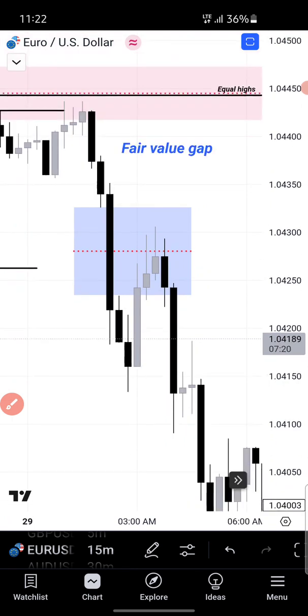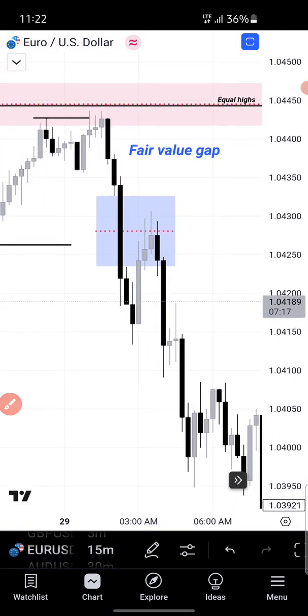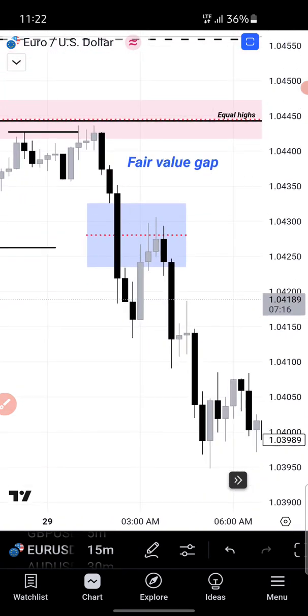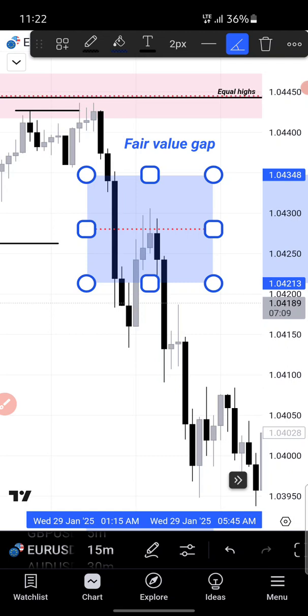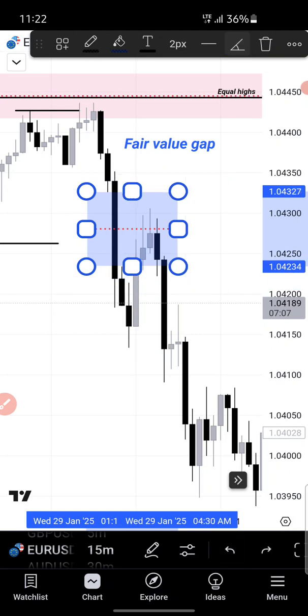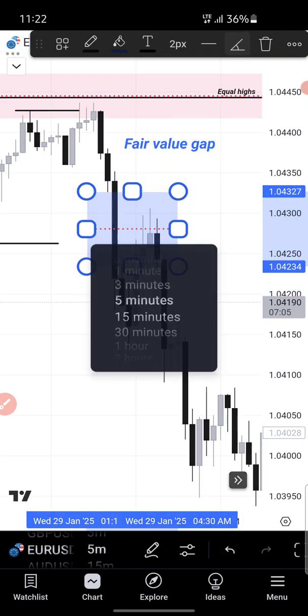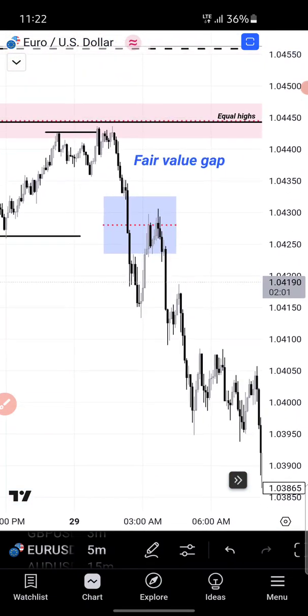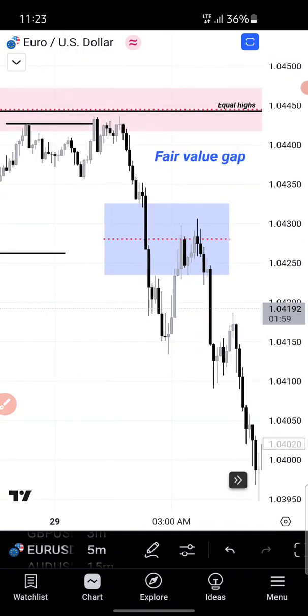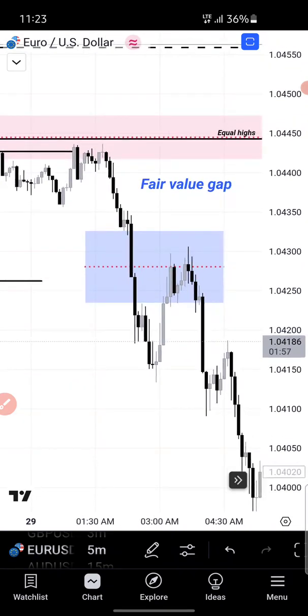So now what do we do? All we have to do is move over to a lower time frame. In case you are scared of not taking this trade, we move over to a smaller time frame. So now let's move over to the 5 minutes. You see carefully that we had two fair value gaps on the 5 minutes.